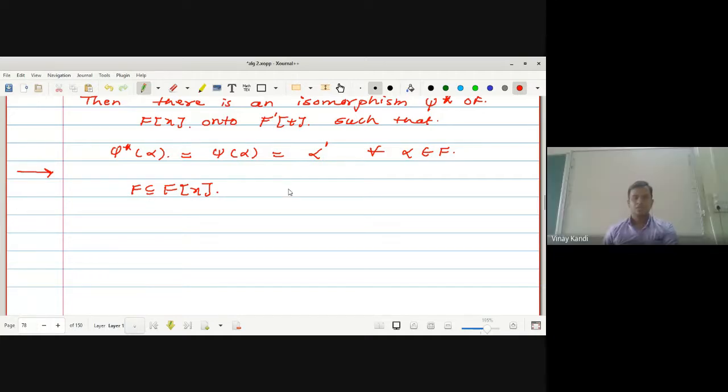Similarly, F dash is contained in F dash[t].